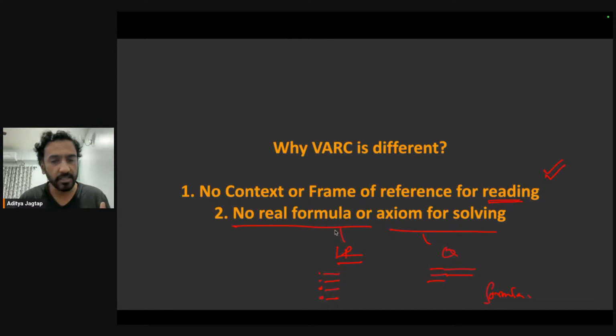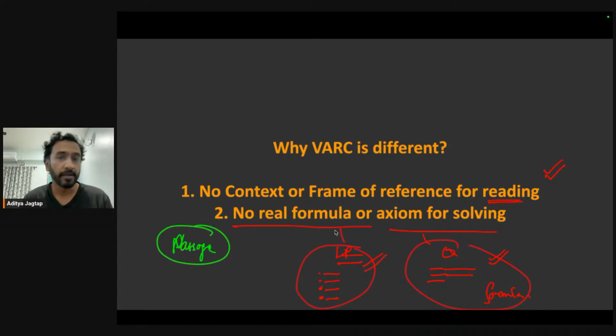Since there are formulae and methods that the subject prescribes to us, you can communicate how to solve a particular question better in these disciplines, in logical reasoning and quant. In verbal, or let's say in passages, there is no such way. A real challenge for me, and for you also, is that for me it's to communicate the idea to you, and for you it's to change your reading process.